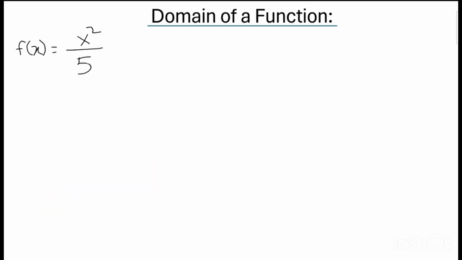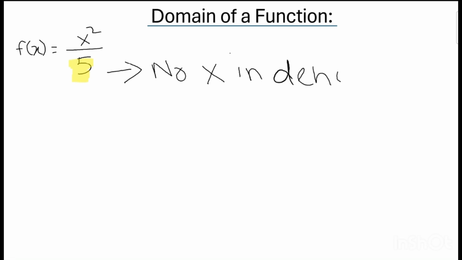Let's have a look at another example. In this case, the function does not have any variable in the denominator. That means no value or number can make the denominator 0. Therefore, the function does not have any restrictions.